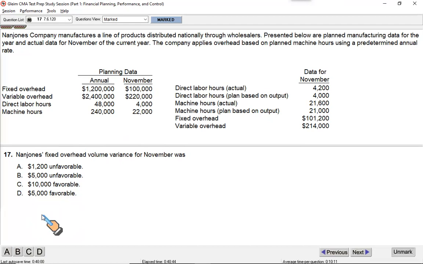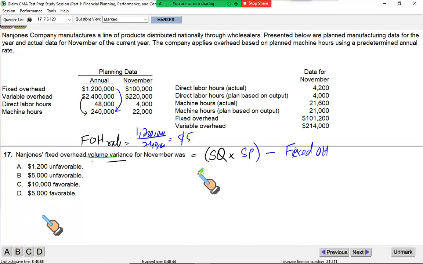So if you just plug these in here, our standard quantity that we should have used is given right here. For the actual output, we should have used 21,000. This is called the standard hours allowed for actual output, multiplied by the standard price, which is the fixed overhead absorption rate, that is $5. So as per the information, 21,000 multiplied by 5. Our fixed cost absorbed into production is 105,000.